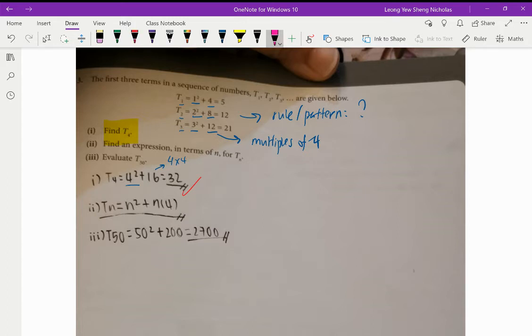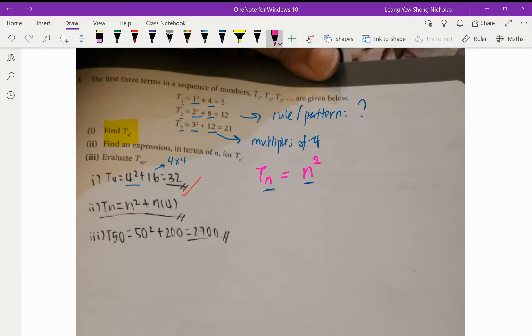So when I want to write my general expression, Tn, it will be the position of the number squared. In this case, I write it as n, so it will be n squared.